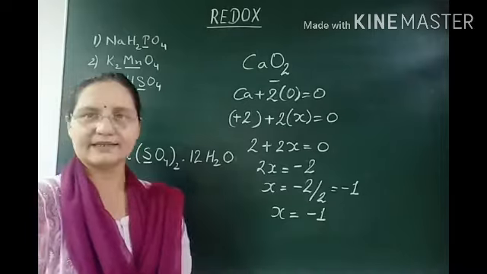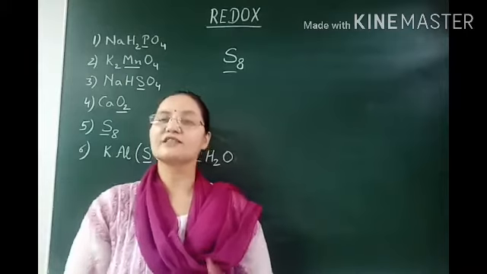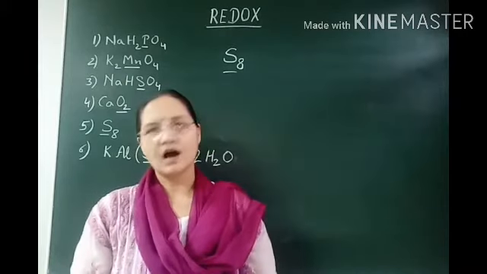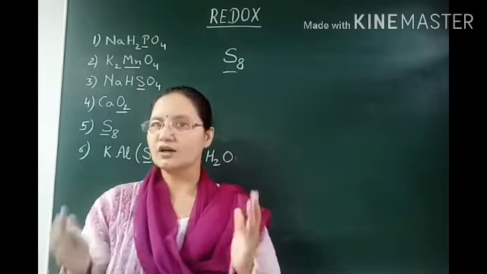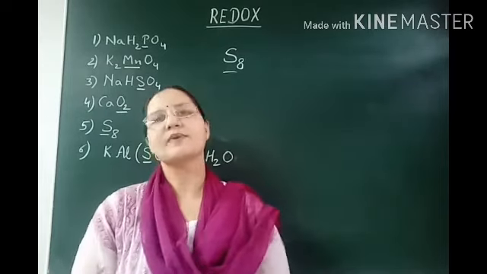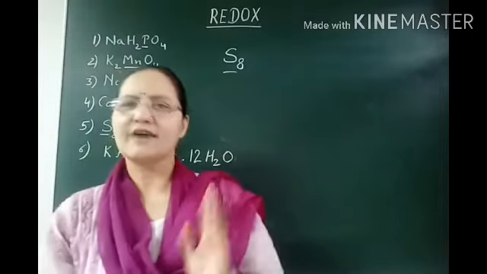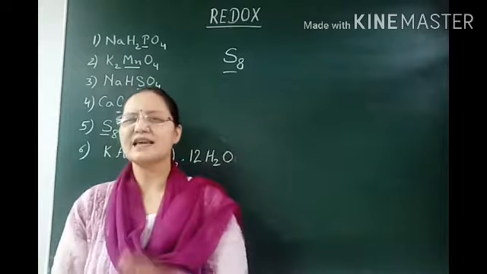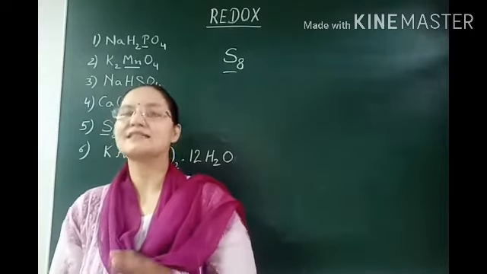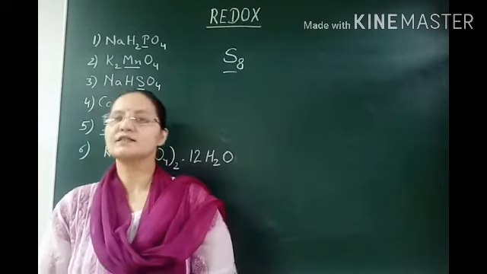Now the next. Here we have to calculate the oxidation state for sulfur itself. How can we calculate it? Nothing else is given. It is not a compound. It is only a simple molecule. So we have studied in our rules that if a molecule is made up of the same type of atoms or a single element, its oxidation number is always 0.